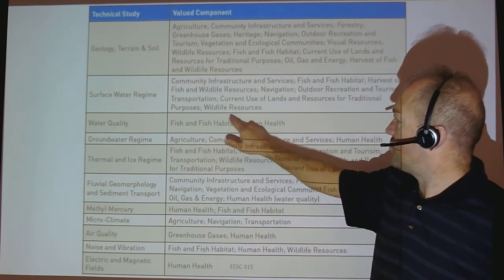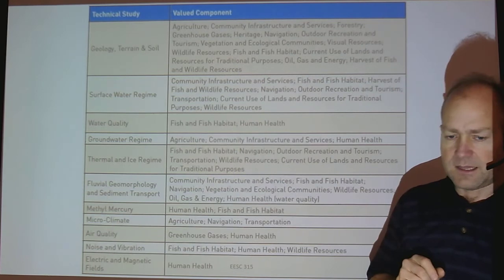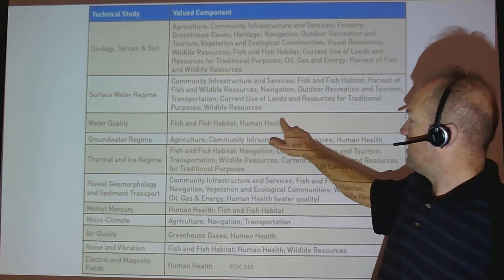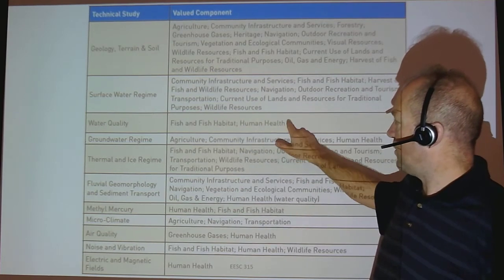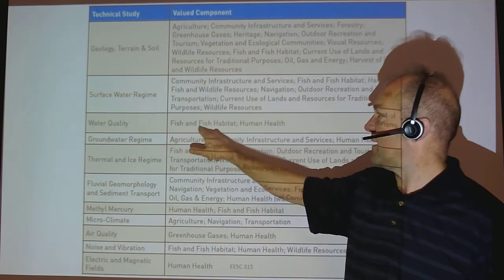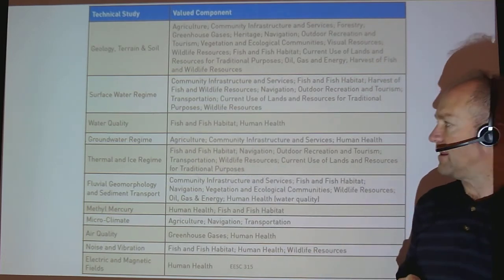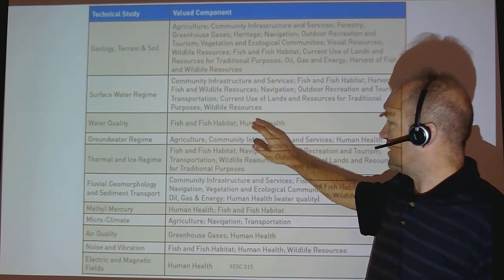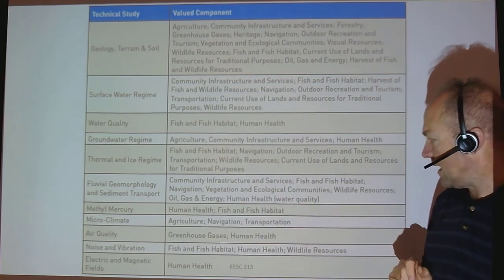These two components are usually the most important VCs of an EA because, of course, we always care about human health and we almost always care about fish and fish habitat. Unless it's some sort of an EA that has no effect on water, you're almost always going to see these two components, and you're going to see them frequently.